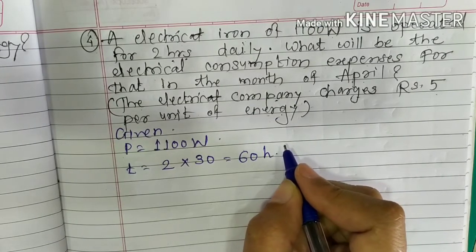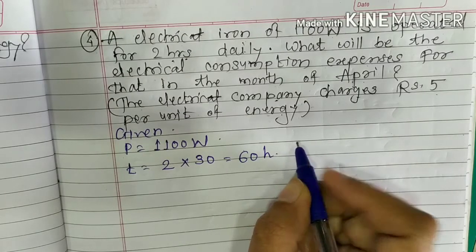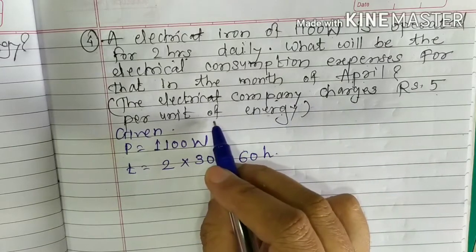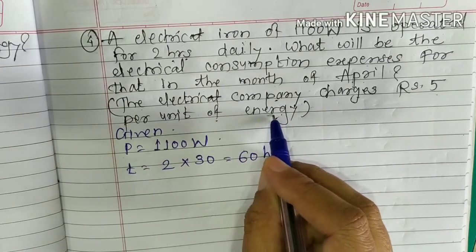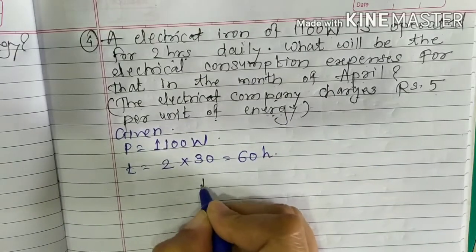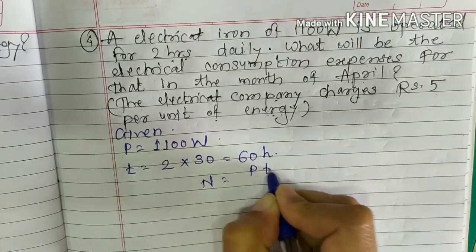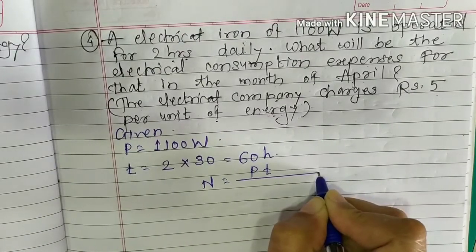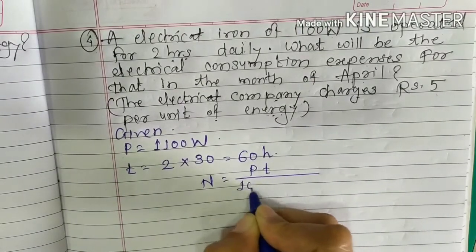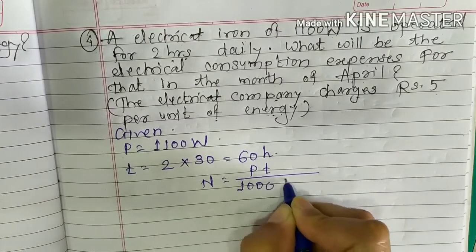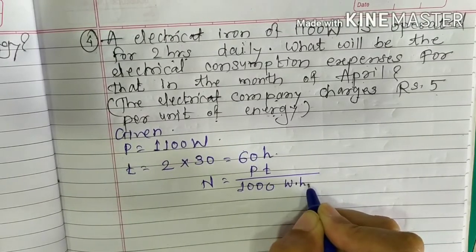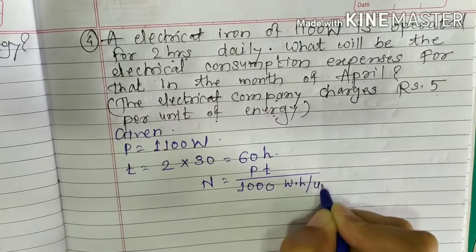Then 5 rupees per unit of the energy expense. Hence N, that is number of units, is equal to P into T divided by 1000 watt hour per unit.